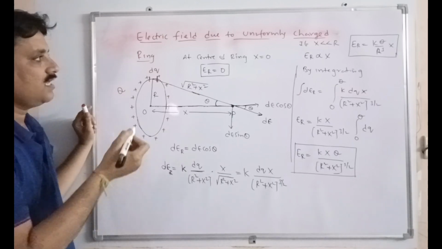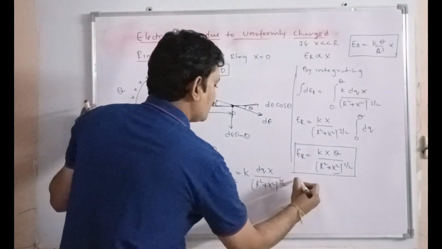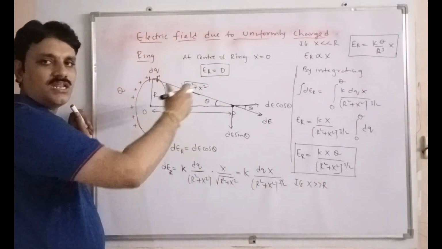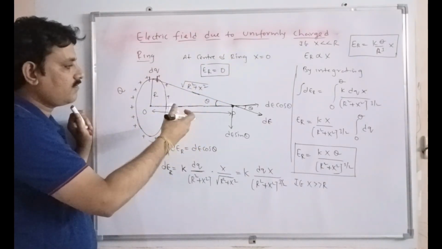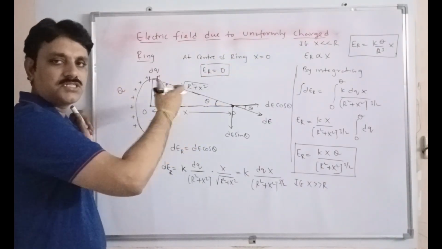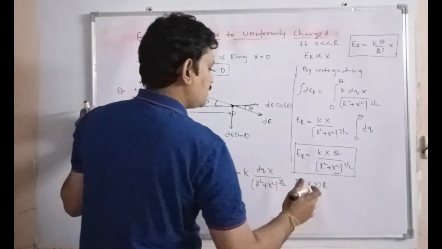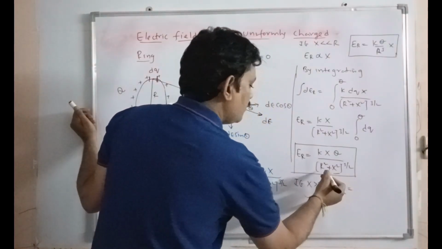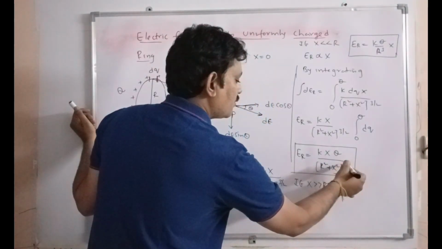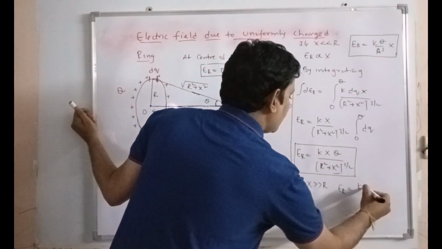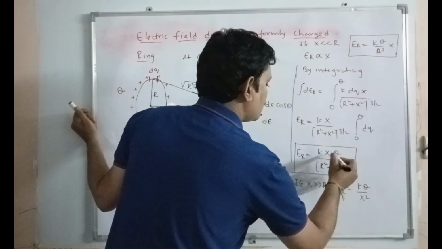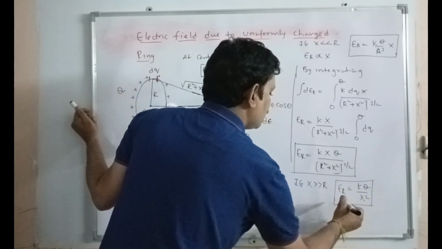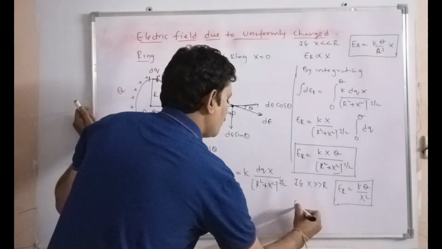That is the second case. Suppose you take x greater than r. The third case, if x is greater than r, that means at a very large distance. If you calculate the electric field at a point which is a very large distance from the center of the ring, in that case r will be neglected, so that E is equal to, if you neglect r, x square whole power 3 by 2, x cube, then that is kq by x square, because the numerator has x and the denominator x cube, so they cancel. Finally E is equal to kq by x square.